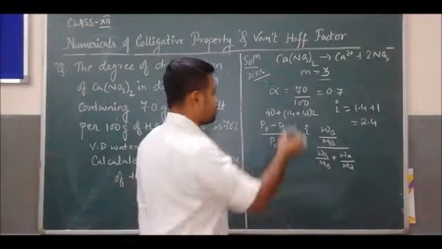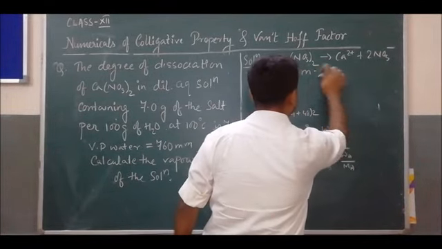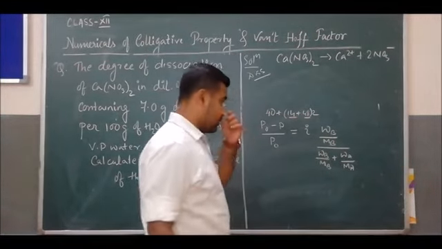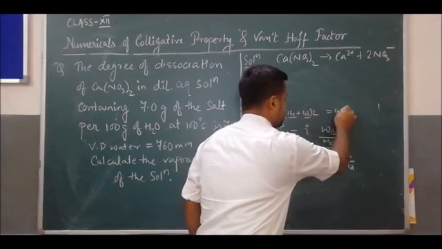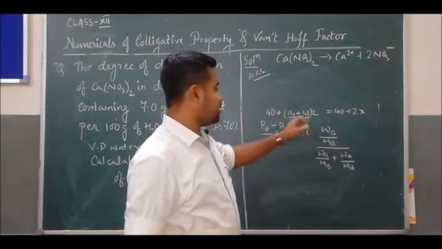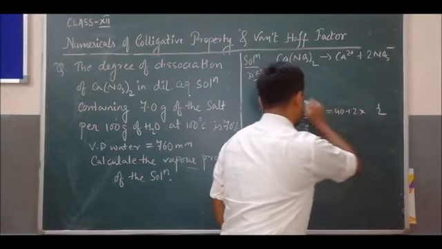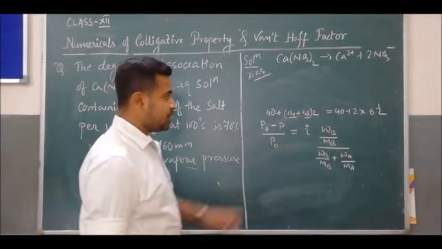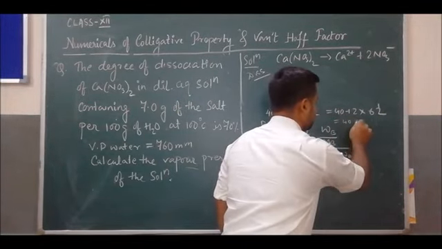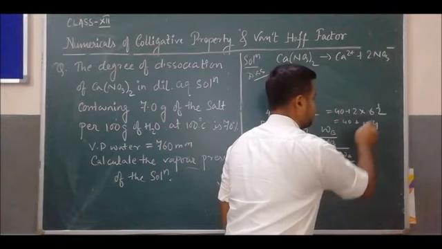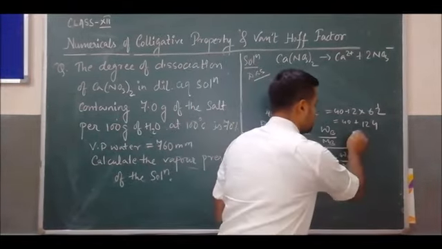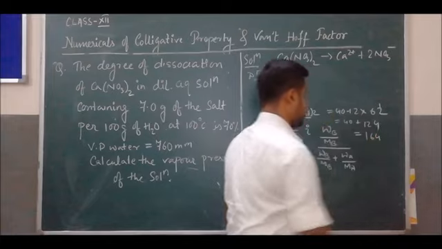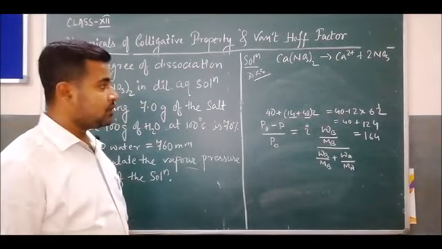So 14 plus 48 is 62, into 2 is 124, plus 40. It is 164, that is the molar mass of calcium nitrate.